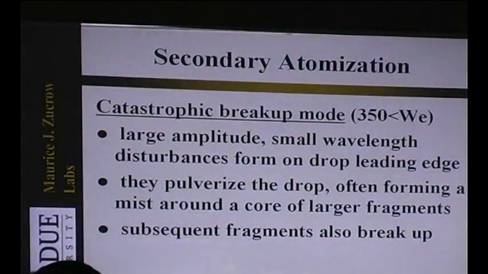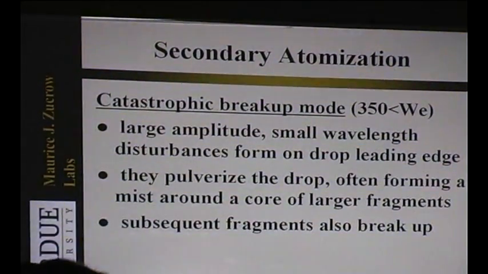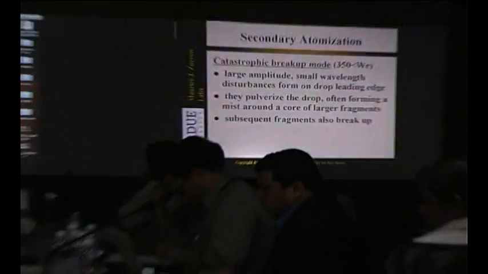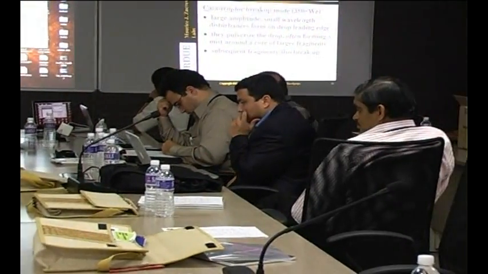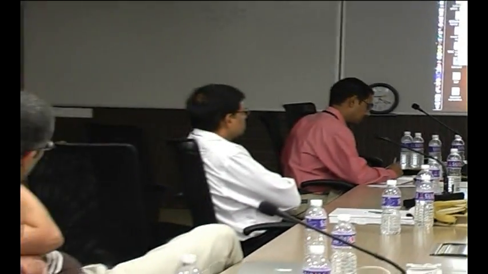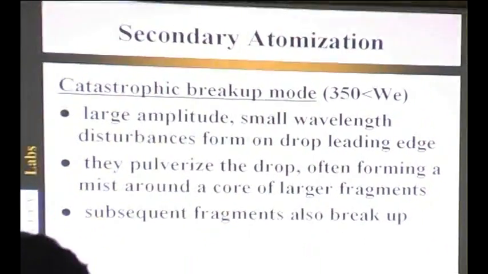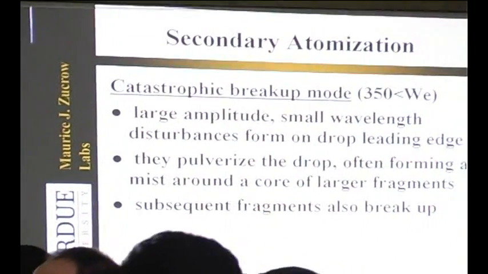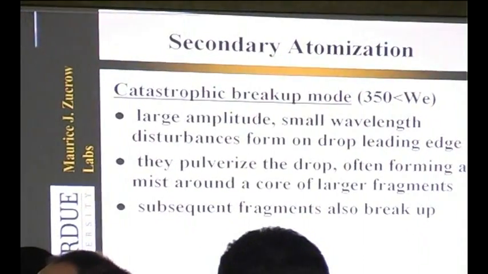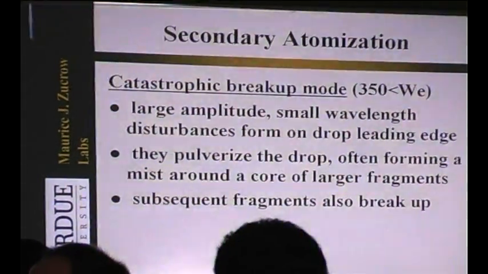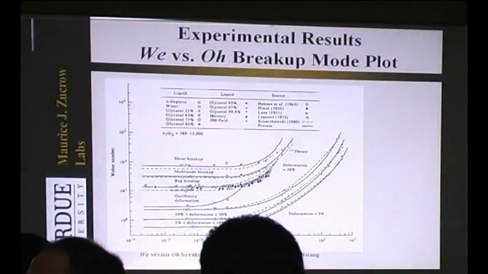Those disturbances effectively pulverized the drop and gave a mist of extremely small fragments surrounding a core of larger fragments. The subsequent large fragments also may have broken up later on downstream, but the prevailing thought was that it was a transverse instability. Theofanous doesn't agree with this particular interpretation and is proposing explanations of his own, but I'm not going to actually go into that this afternoon. Okay, so the next slide, please.